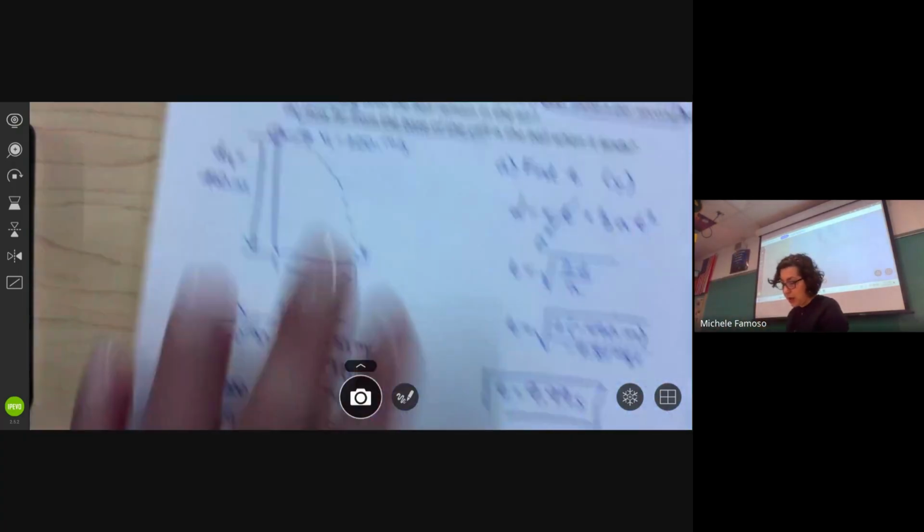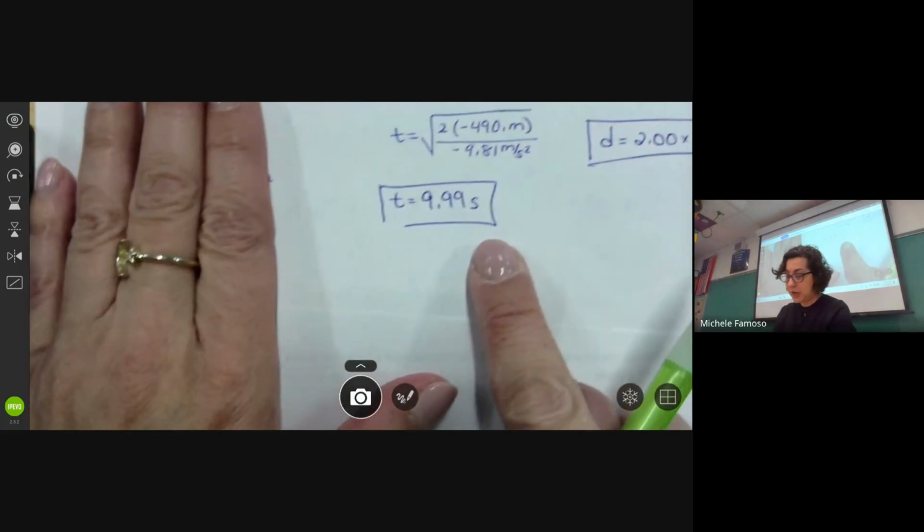All right, let's go over the homework pages 19 and 20, please. Pages 19 and 20. Okay, let me just give you the answers, and then we'll see if you want me to go over any of it with you. So in number 1, part A, the time is 9.99 seconds.